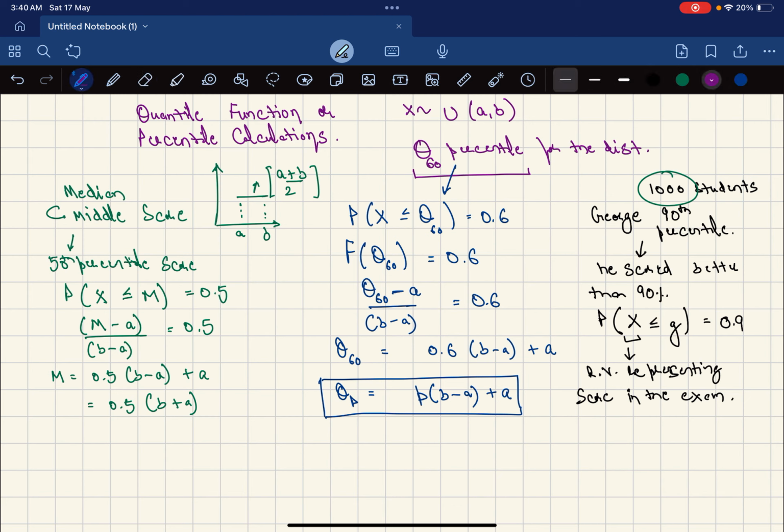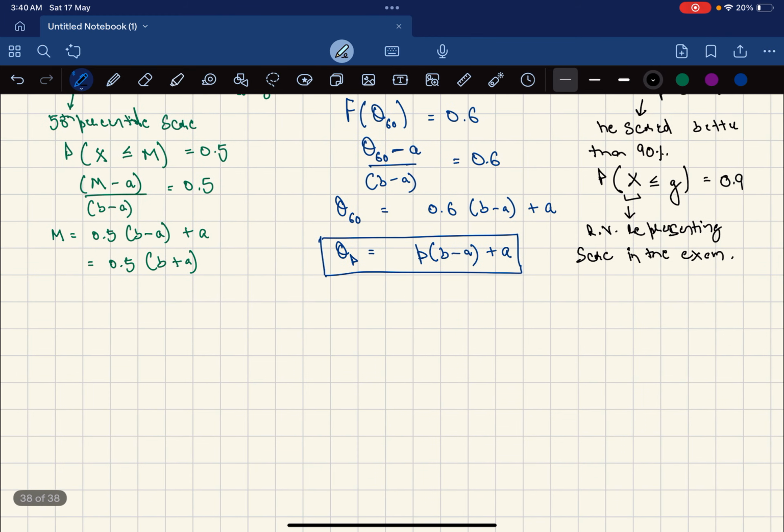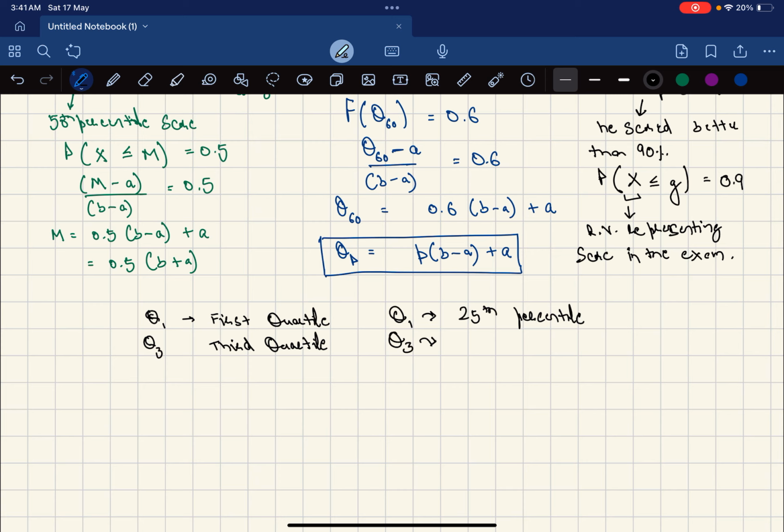Now, moving further, another related concept is calculating the first and the third quartile values, so Q1 and Q3. This is called the first quartile value, and this is called the third quartile value. Q1 is nothing but the 25th percentile value, while Q3 is the 75th percentile value.